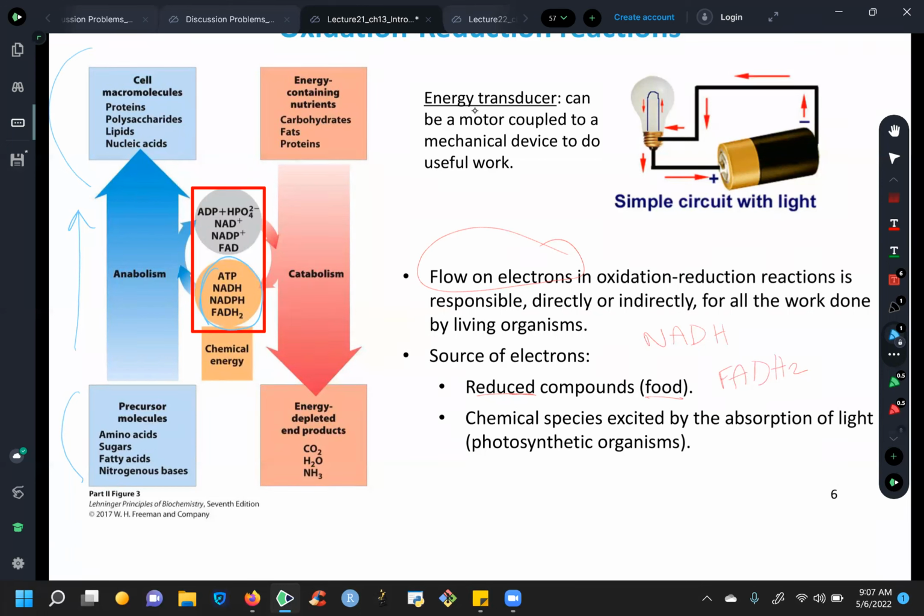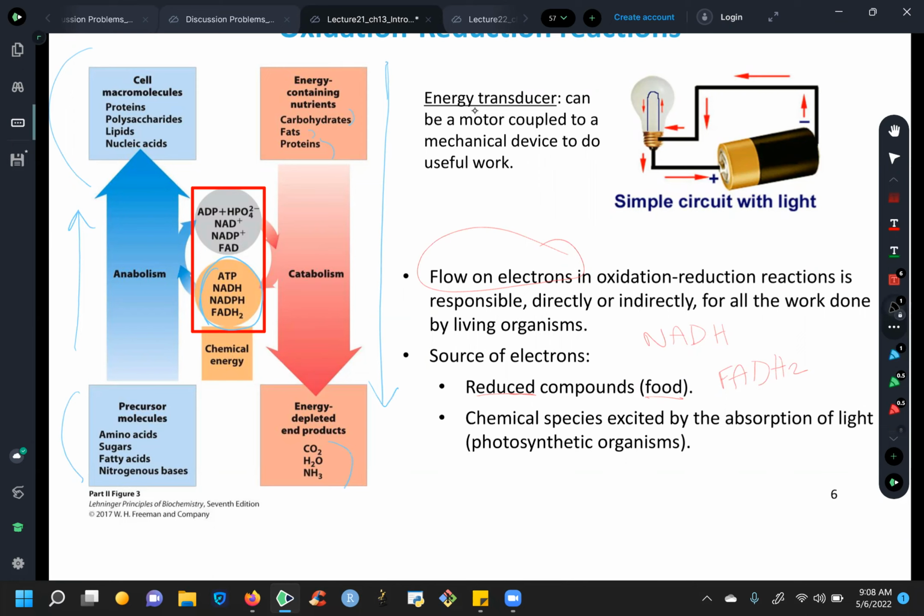Now, for the opposite, after we ate, we have to break down. So we can break down carbohydrates, fats, and proteins, and the energy-depleted end products are carbon dioxide, water, and NH3.